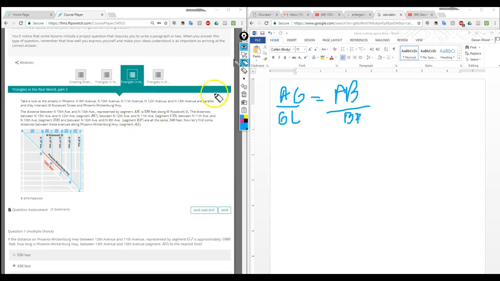So now we have A to G. So A to C being compared to G to L. And A to B, since it stopped on that parallel line, A to B being compared from B to F. So yes, because they both terminate on the parallel line.